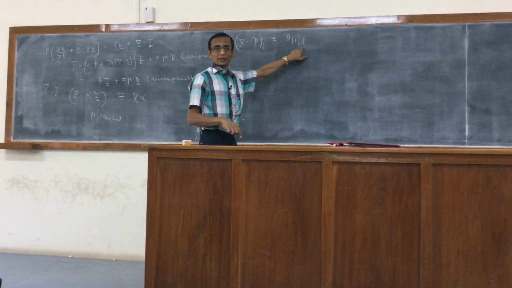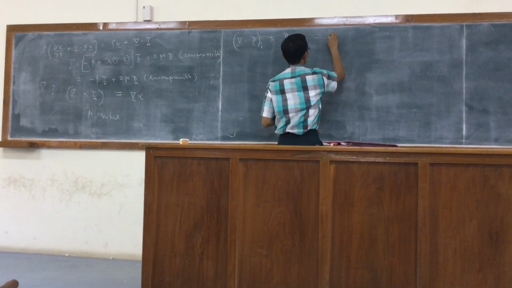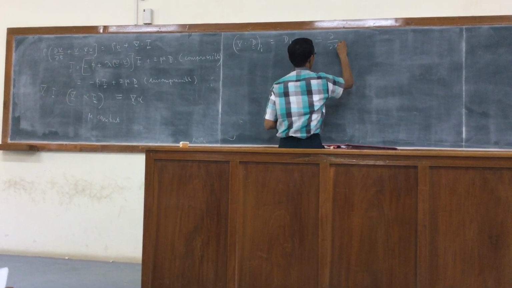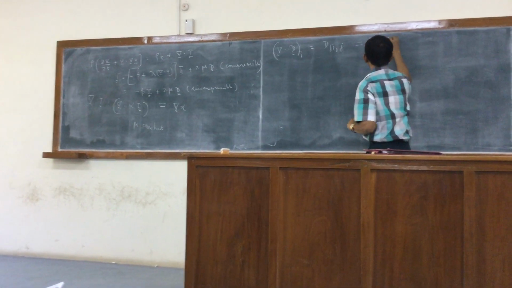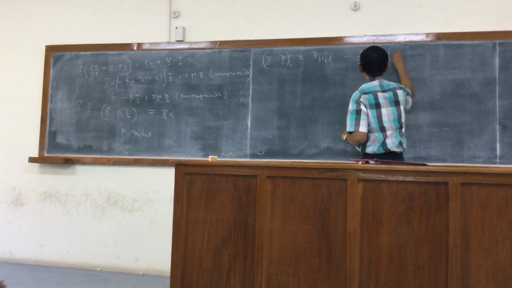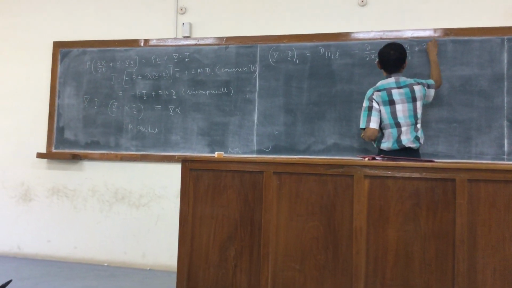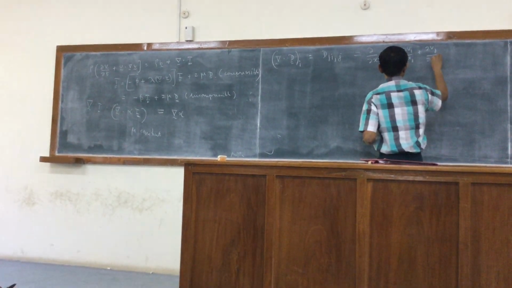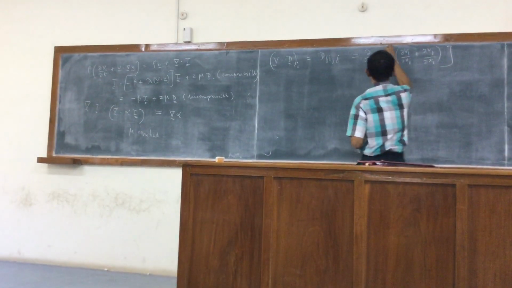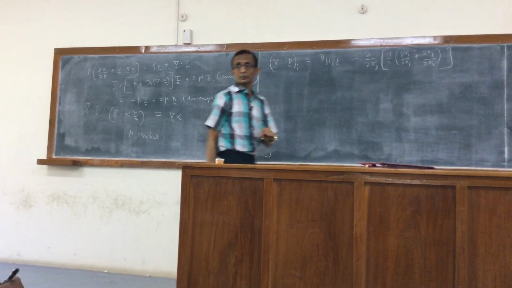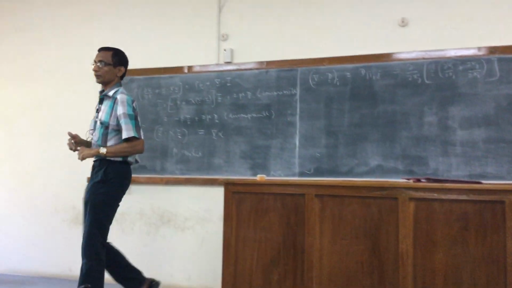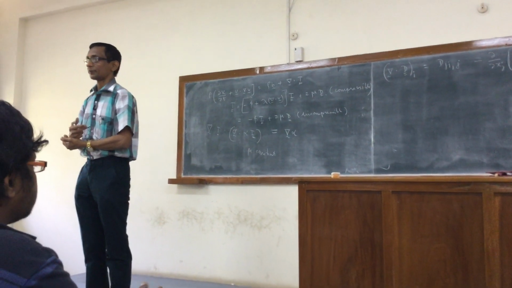There is then a further derivative. So I write this in expanded form as d by dx_j times half of dv_i by dx_j plus dv_j by dx_i. That's what the comma j means. Comma j means d by dx_j.